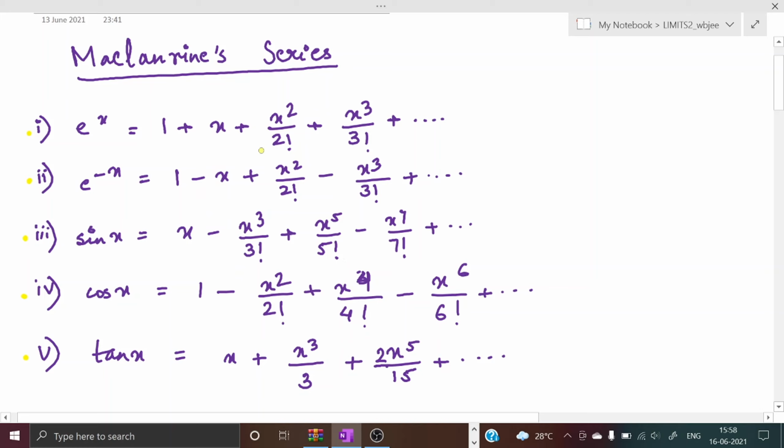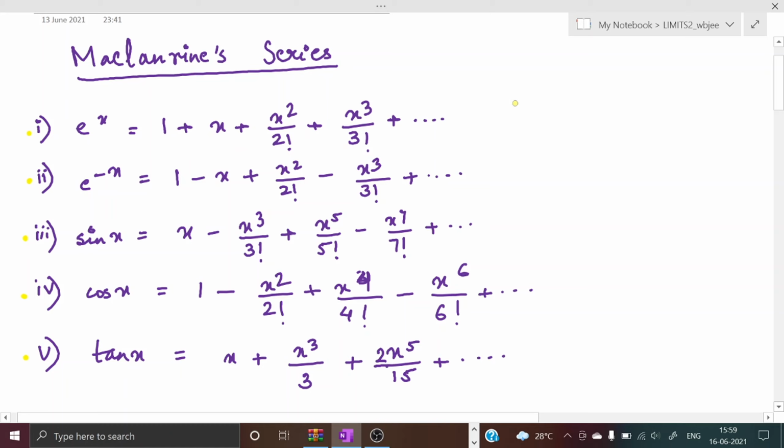So you should know the expansion. These are known as Maclaurin's series. It comes from Maclaurin's theorem, which you will learn in your higher classes in graduation. But before that, you should just know how the expansion is. The first is e to the power x, which is 1 plus x plus x square by 2 factorial, and so on up to infinity.